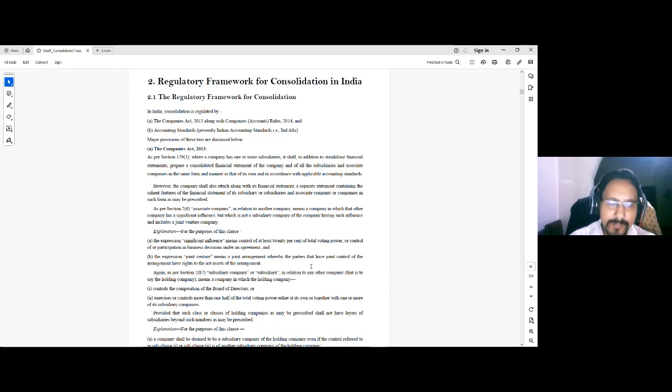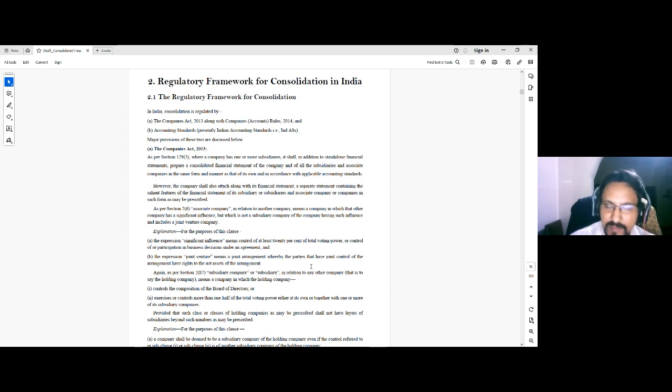When there is a parent company which has a number of subsidiaries, that parent company needs to prepare its own standalone financial statement, that is balance sheet, PL, cash flow statement, and statement showing changes in equity. But along with that, the parent company has to prepare a separate set of consolidated financial statements, that is consolidated balance sheet, consolidated PL statement, consolidated cash flow statement, and consolidated statement showing changes in equity.